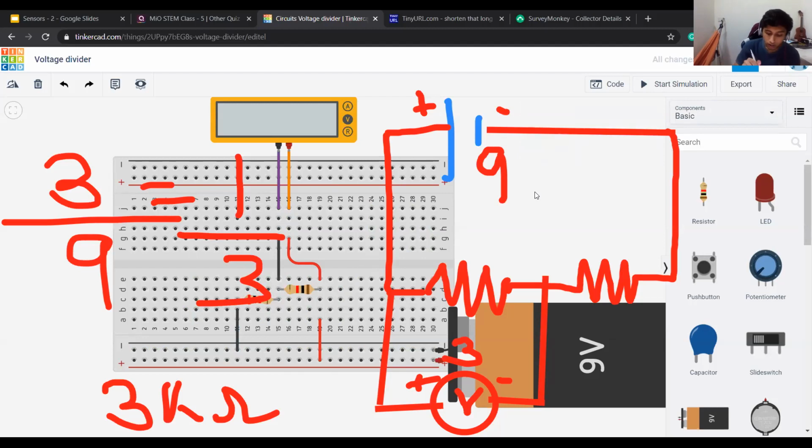So now see, the total becomes 3 ohm, means the whole is getting divided into 3 parts, and now we want one of our resistors to get 1/3 of it, means it has to have 1/3 of the total resistance, means one will be 1 ohm and the other one will be 2 ohm. So the total is 3 ohms and one of them is 1/3 of the total. It's as simple as that. So now you can see when I run the circuit, it shows 3 volts.